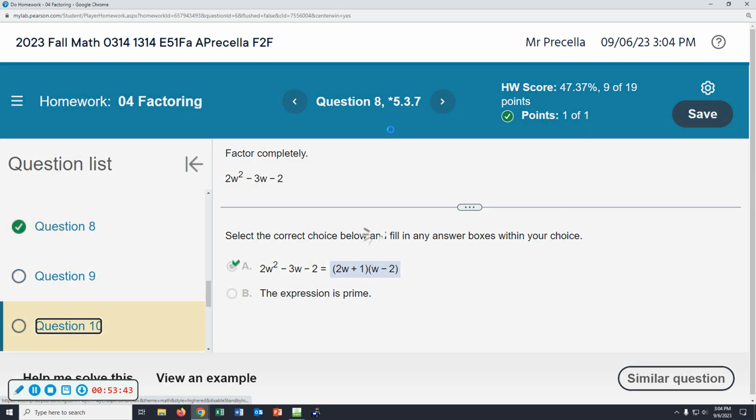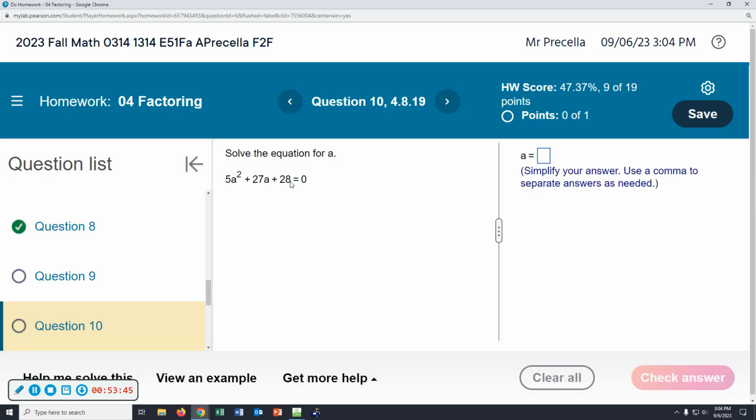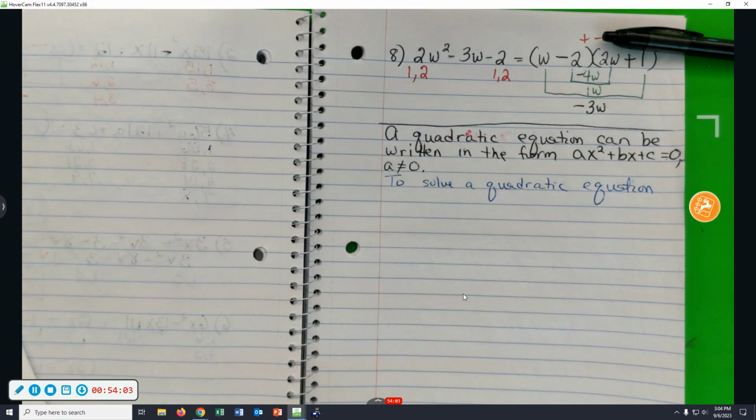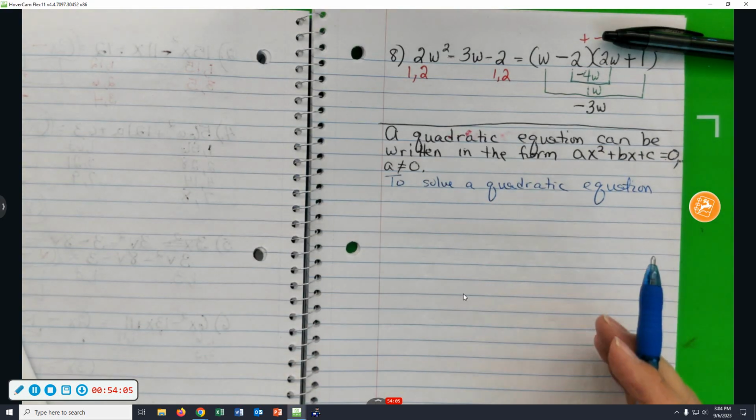Number 10, if it's an equation you're solving, it must equal a number. It may be something other than 0, but you'll have to get it equal to 0 before you can solve it. We're going to see today, and especially on Monday, different ways of solving these quadratic equations.